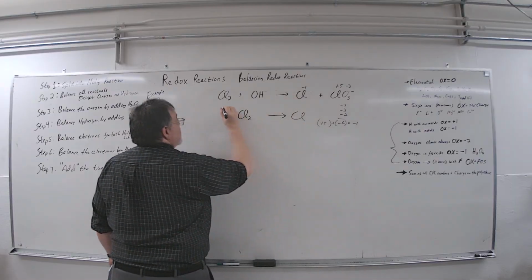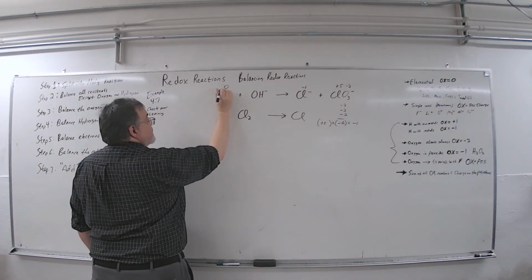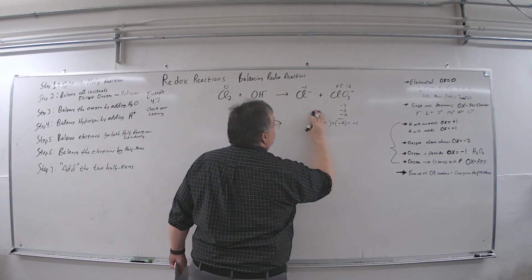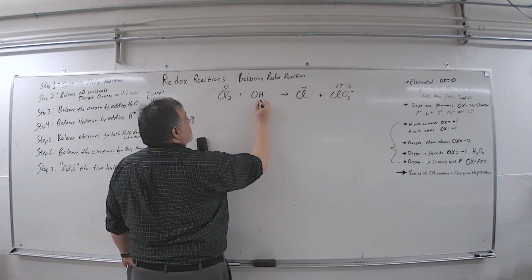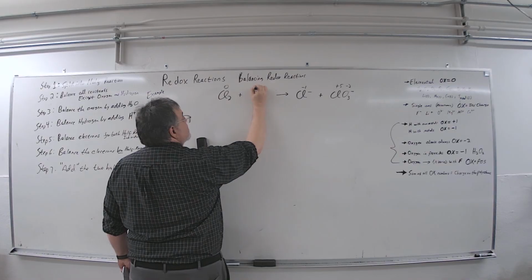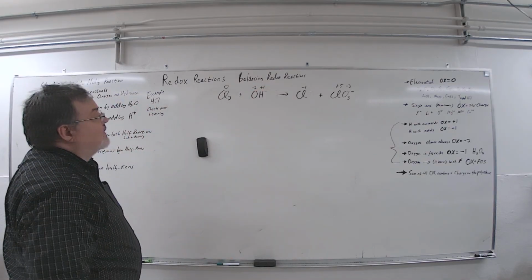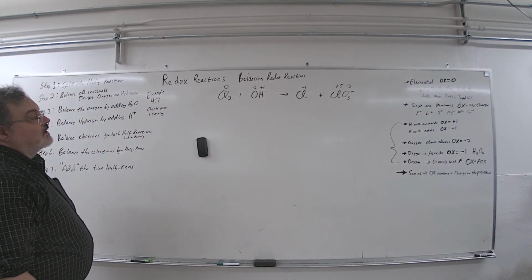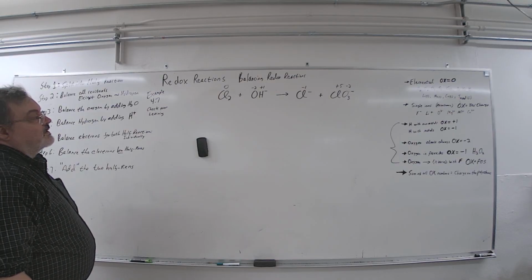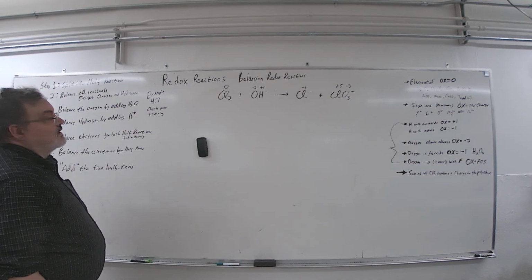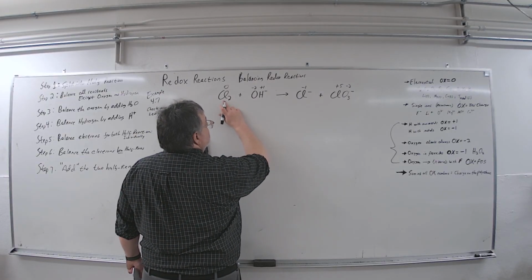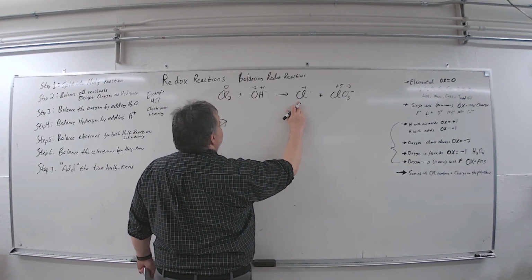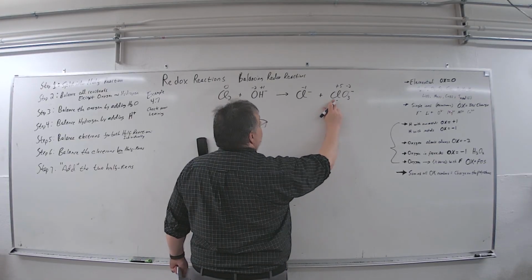Cl is minus 1, this Cl is 0. And this is going to be plus 1 and minus 2. Some of the Cl is being reduced, and some of the Cl is being oxidized.